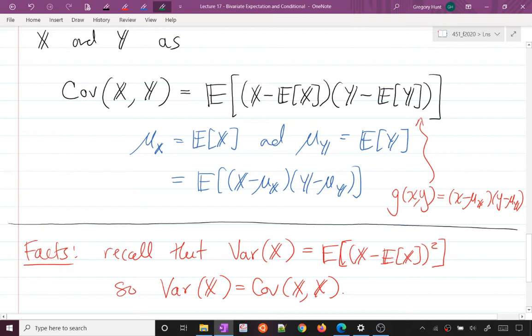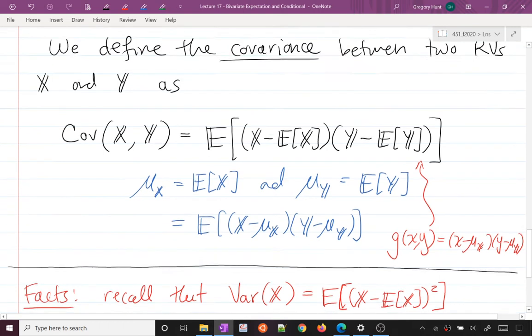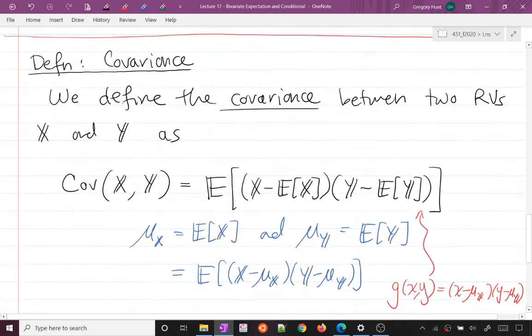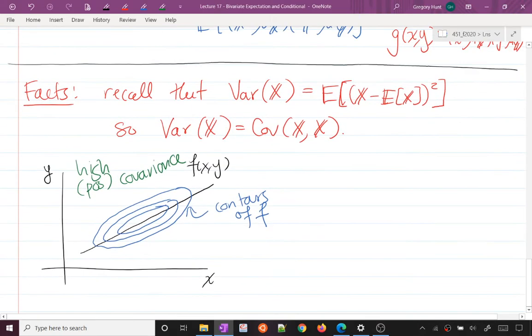At the end of the day, it's just a bivariate expected value. So it'll spit out a number, maybe like 712, something like that. And that number will tell us how linearly related x and y are.